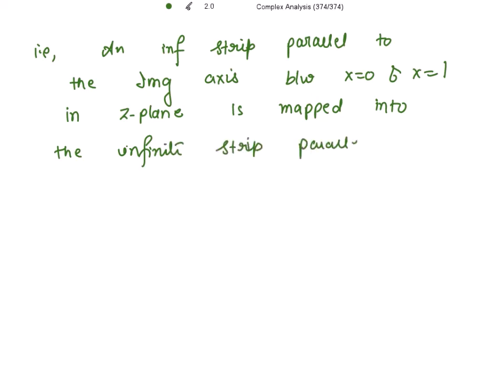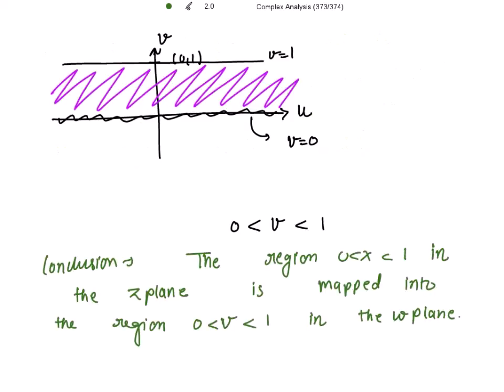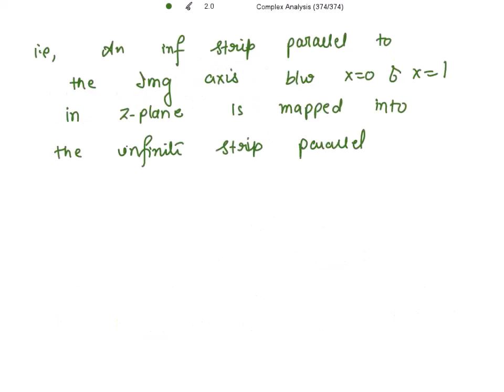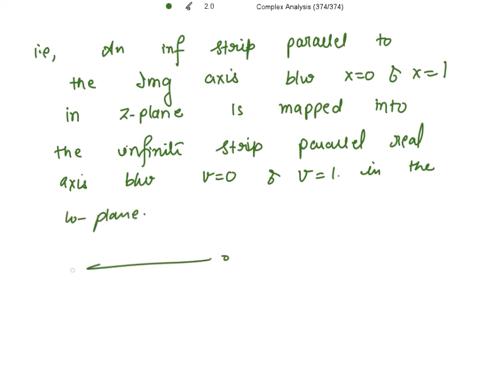This infinite strip is parallel to the real axis, between V equal to 0 and V equal to 1 in the W plane. So this is what we have concluded and shown.